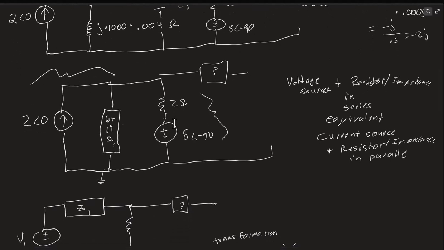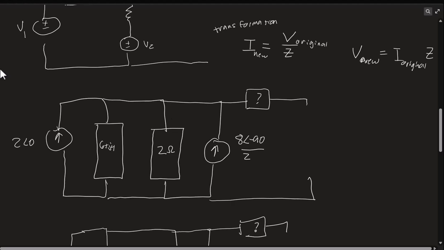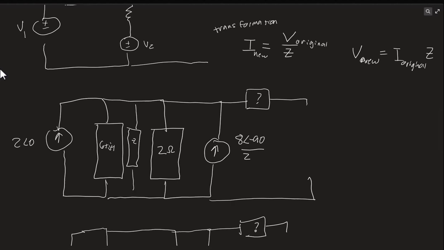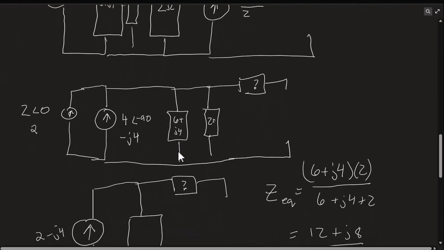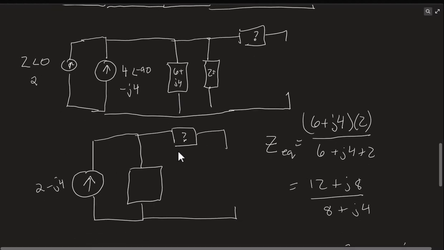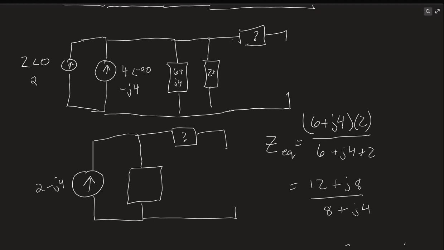So I still have this minus 2j in there. And a minus 2j in there. Wow, that's bad. Minus 2j.